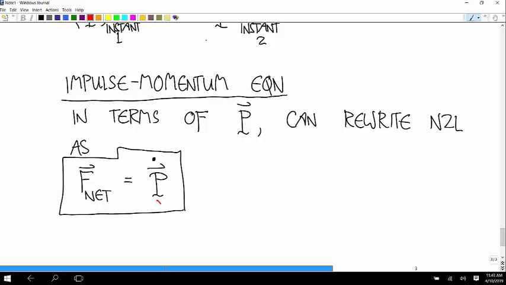You can think of this as the time derivative of mass times velocity, and that's just equal to mass times acceleration. In fact, in his original writing, Newton gave the second law in terms of momentum. It was later that people started finding it efficient to think of it in terms of mass and acceleration.